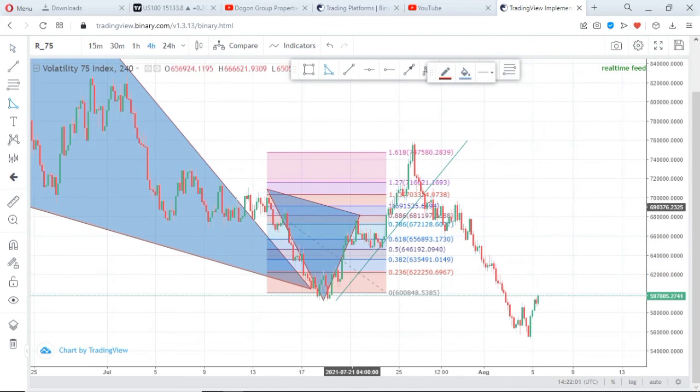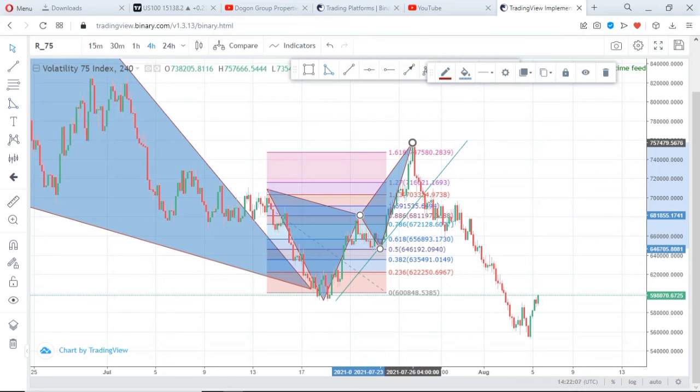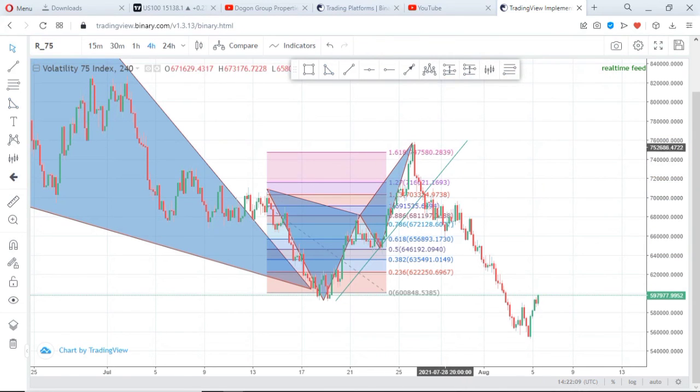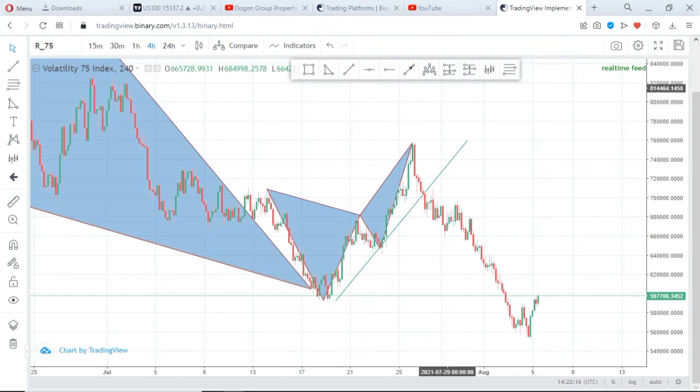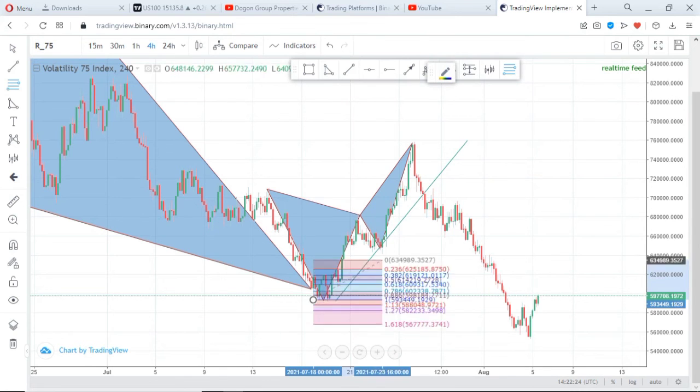Then we take the second triangle from 886, C point, all the way to 1.618. That's our D point, that's our entry right there. Then when you check for take profits, take profit 1, we said it's 38.2. Take profit 2, we said it's 618. 618 is our second target.